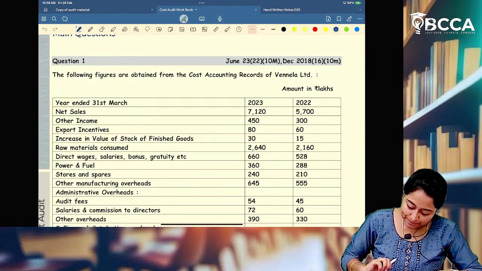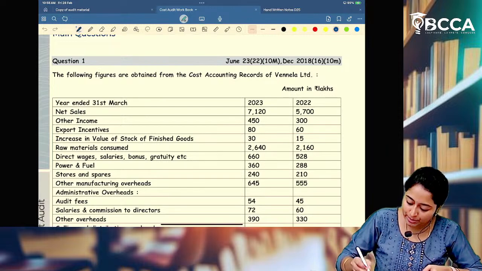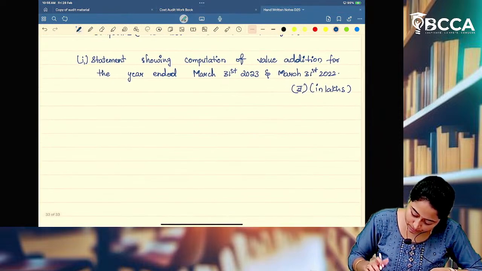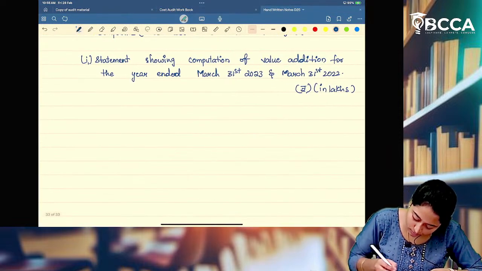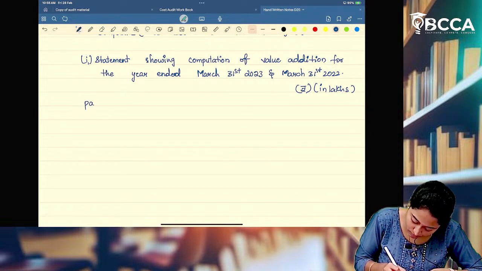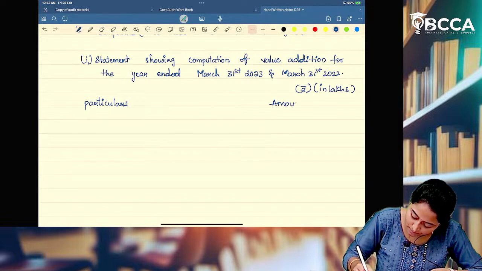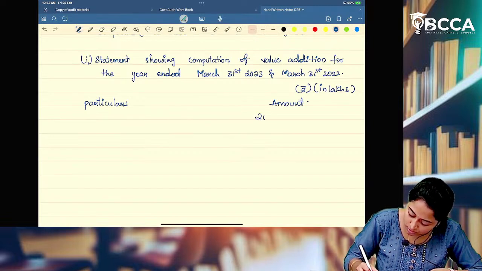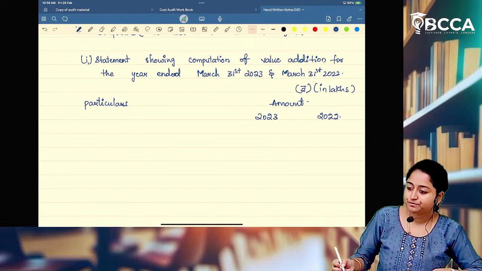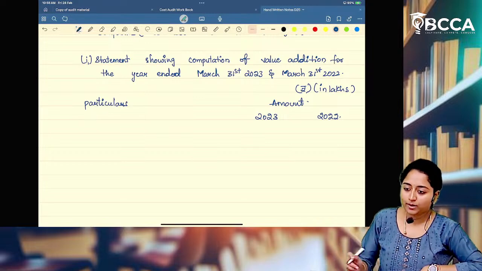Then you'll write particulars, amount, 2023 and 2022. Okay.